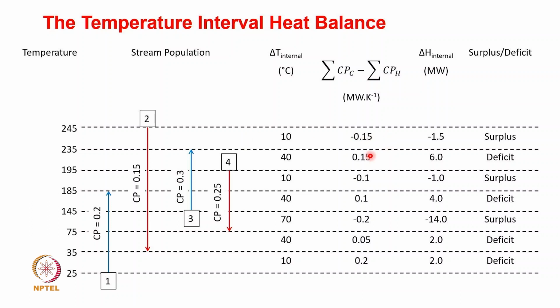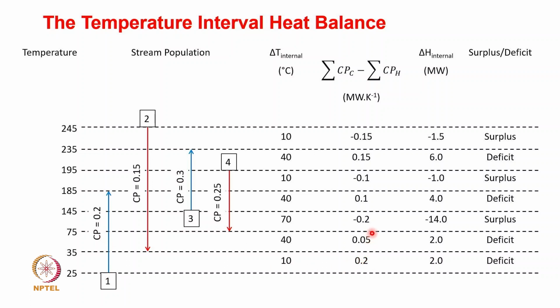And when we come to the next interval, of course there is a cold stream and a hot stream. The CP value of the cold stream is 0.3 and the CP value of the hot stream is 0.15. So the difference between 0.3 and 0.15 is plus 0.15. By this way you populate the entire CP values. For instance, in the last row, there is only one cold stream having a CP value of 0.2.